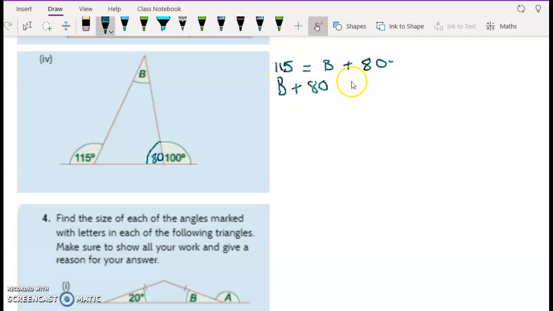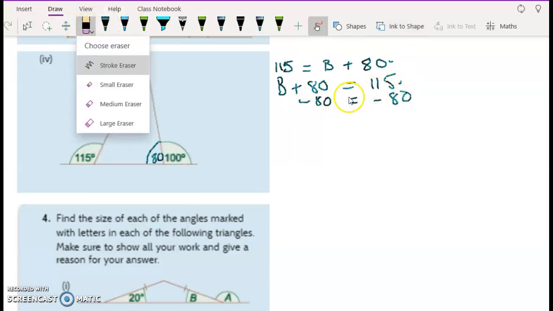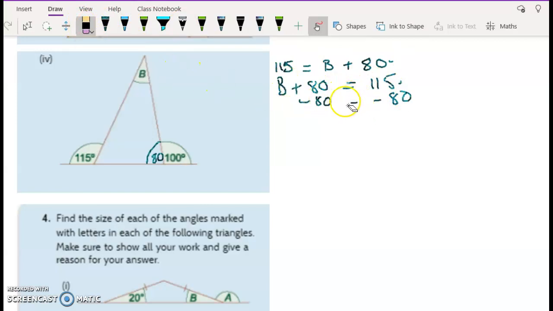B plus 80 is equal to 115. So B, take 80 away from both sides. And then I'm going to be left with B equals 115 minus 80, 35.